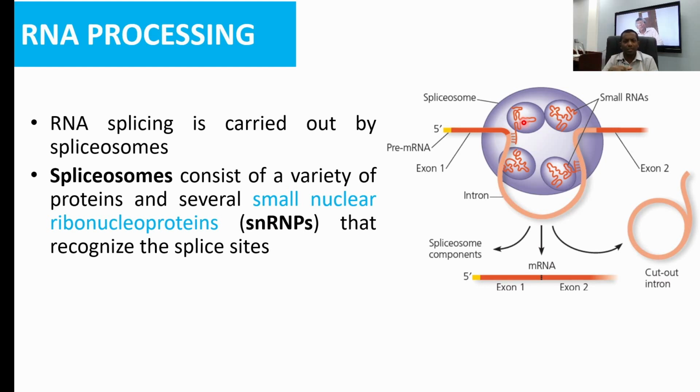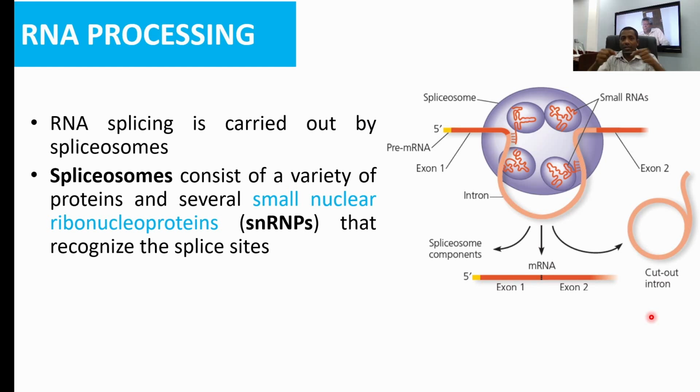We'll get to one such structure in a bit, the tRNAs, and so these RNAs and proteins form these spliceosomes. They attach to the beginnings and ends of introns, cut the introns at these exon regions and stick the exons together.